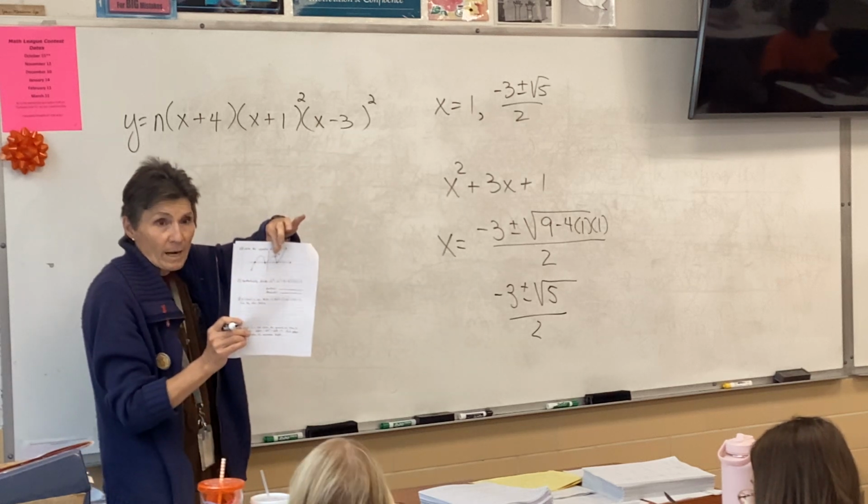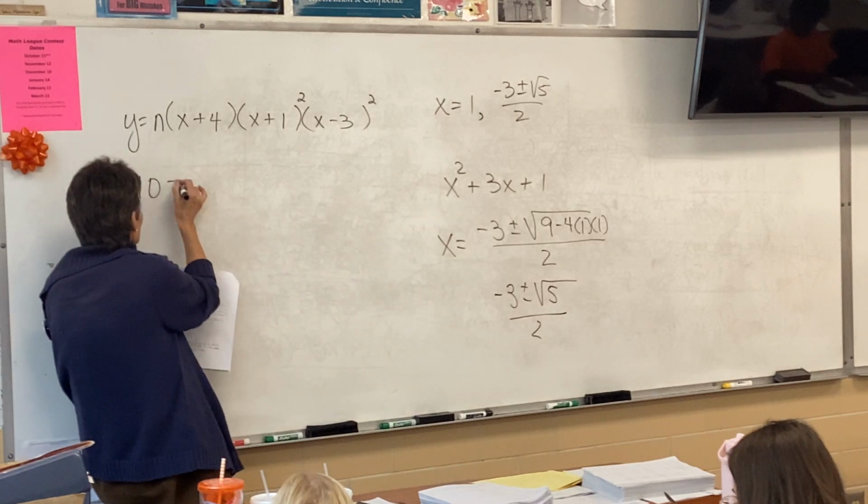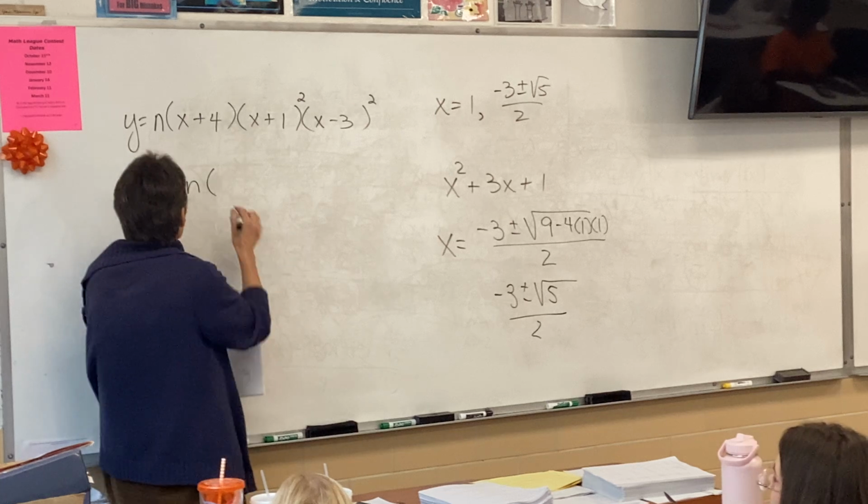We have this other random point here. So y is 10 and x is 2.